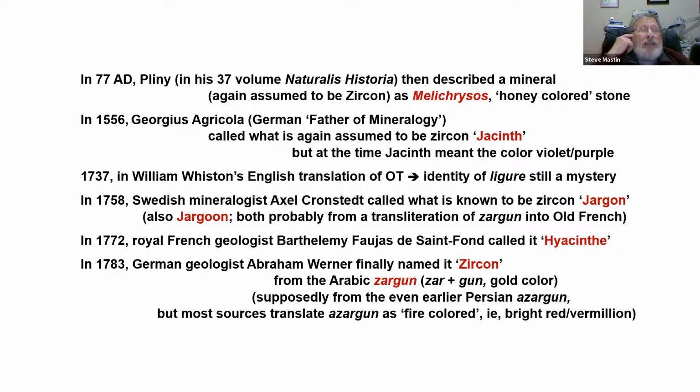And then finally, in the middle of the 1700s, a Swedish mineralogist called it jargon, and sometimes it was called jargoon, both probably from a transliteration of Zargun from the Arabic into Old French. And so we got two more names.